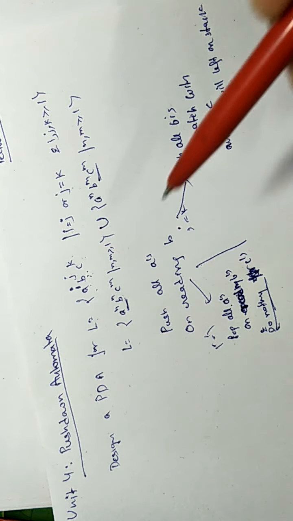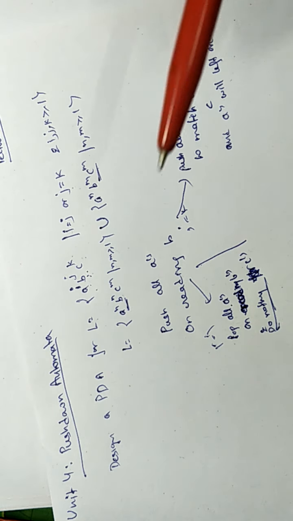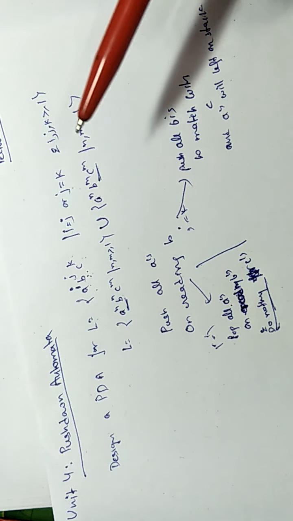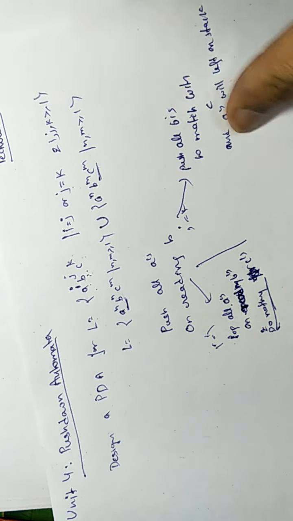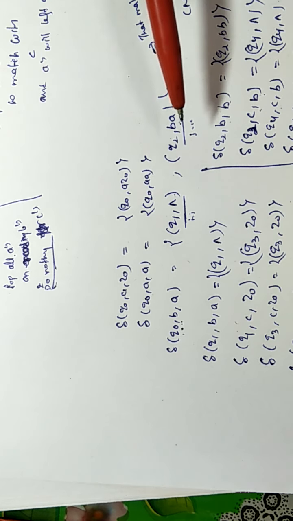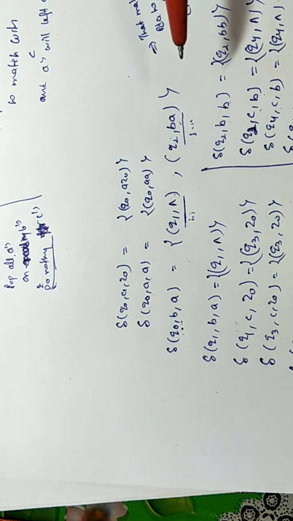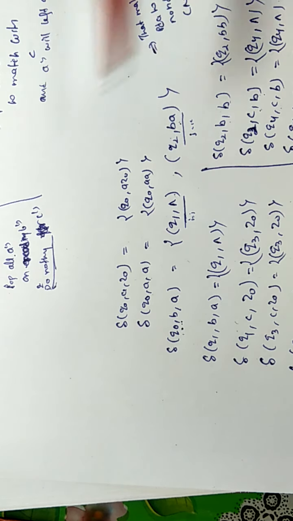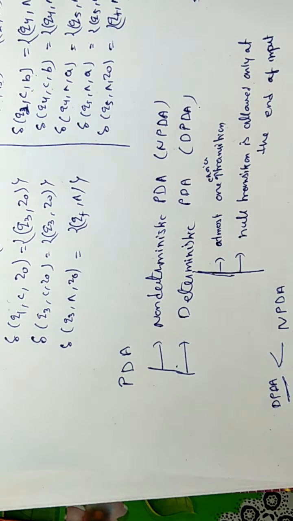Suppose this is the language and this language is inherently ambiguous, and we know that there will be multiple choices. I have to take the decision of i equal to j or j equal to k. That is why we have to make a choice at one place, either do i equal to j or j equal to k. So we cannot design a deterministic PDA for this language, and we can design a non-deterministic PDA for this language.